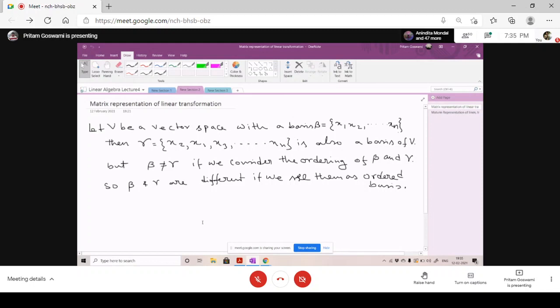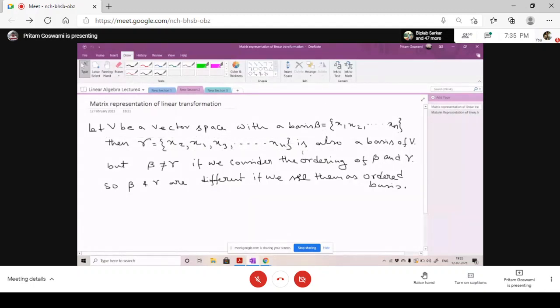Okay, so basis, you know, suppose V is a vector space with a basis beta, which is nothing but x1 to xn, suppose. And if you consider it in a set theoretic approach, gamma here is nothing but beta only, right? Just x2 and x1 are exchanged places, right? Yes, sir.